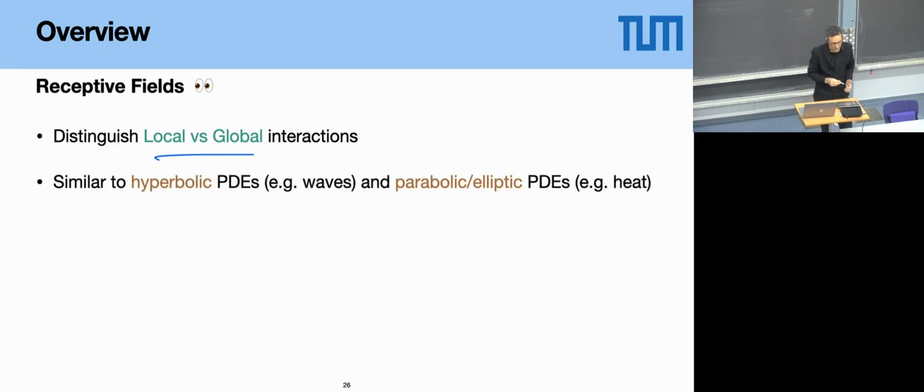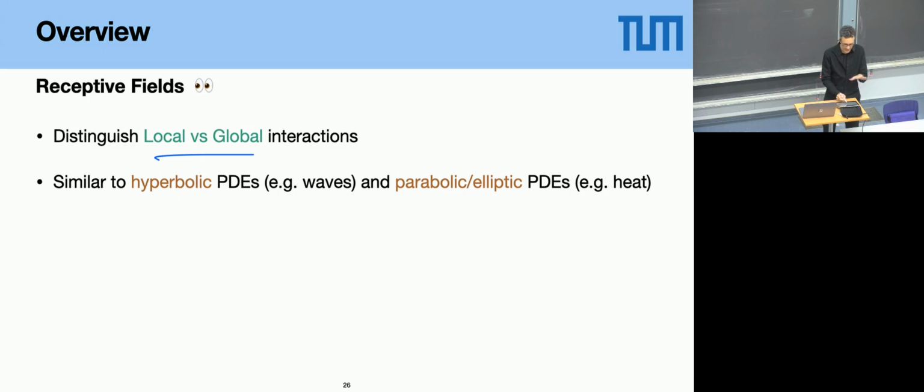And it's actually closely related to the traditional classification of partial differential equations. Some of you might have come across that. So we can distinguish hyperbolic PDEs, typically related to the order of the terms arising in a PDE. I don't want to go into all the details here, but it's a classic distinction between mostly localized effects such as wave propagation, right?